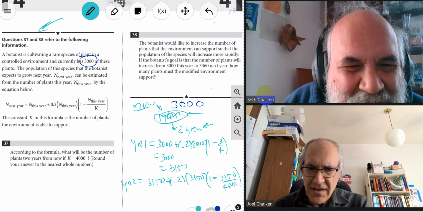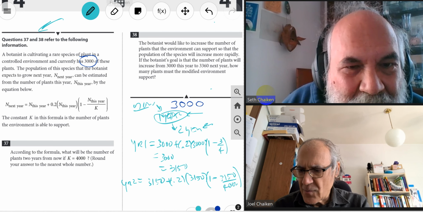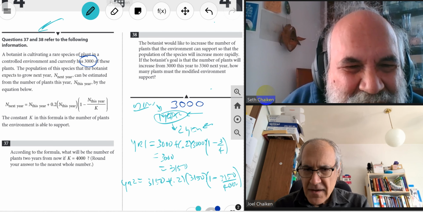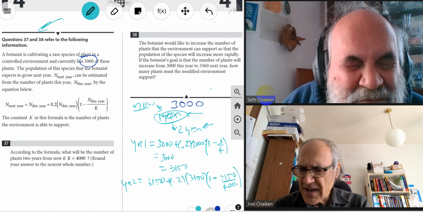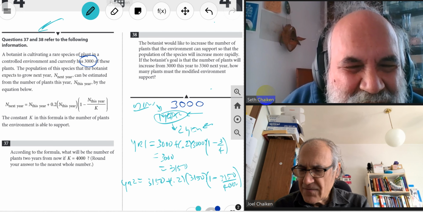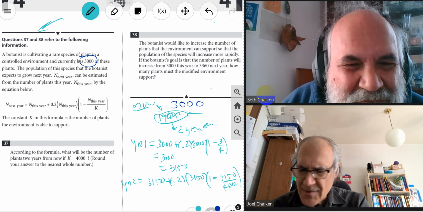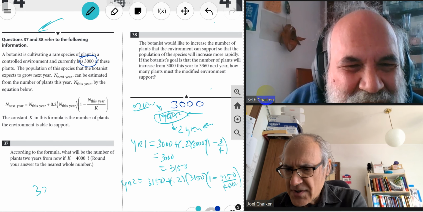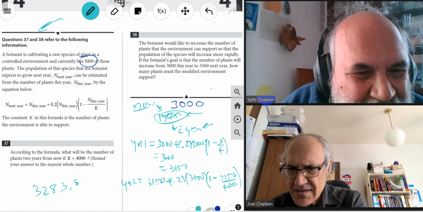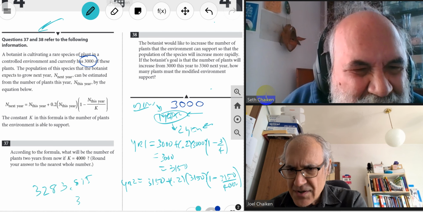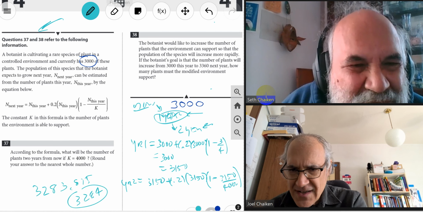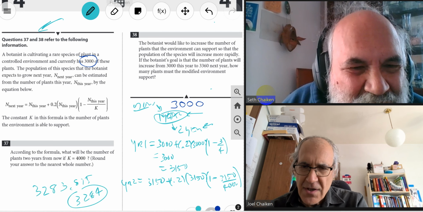And now we're going to multiply by 3,150, and then multiply by 0.2, and then add to 3,150. And we get a decimal: 3283 point and then 7/8. So it's about 3,284. Now, I may have made a stupid mistake in the calculations, which would really hurt, but that's how you do it.